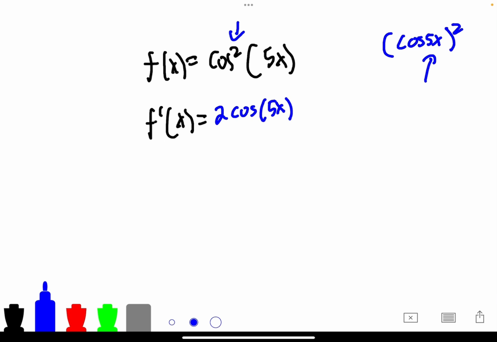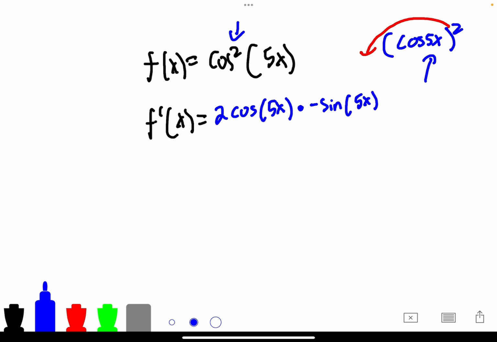This is really big, because your only step for right now is moving this 2 to the front. That's all you're doing for right now. The next step is when you multiply by the derivative of cosine, which is going to be negative sine, but you also have to carry this 5x.